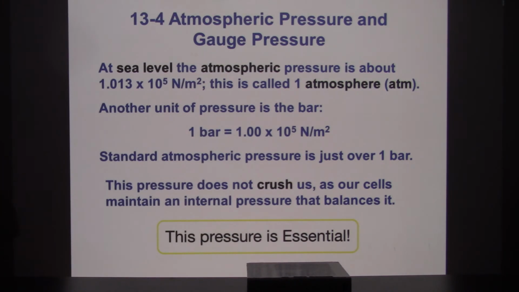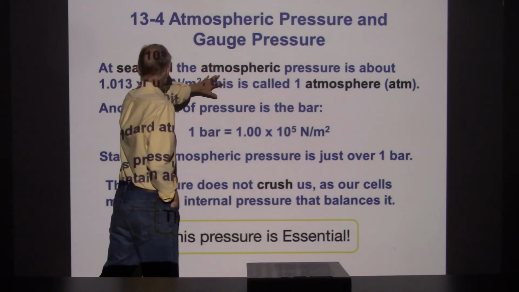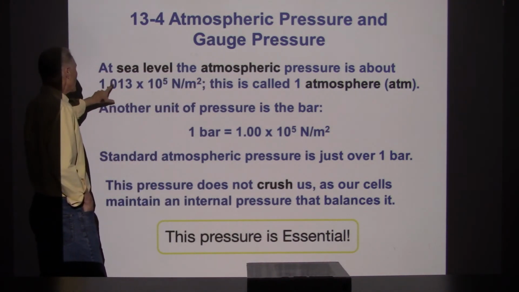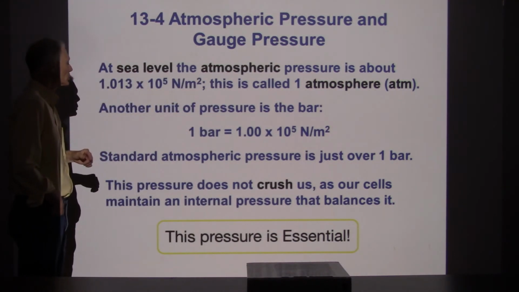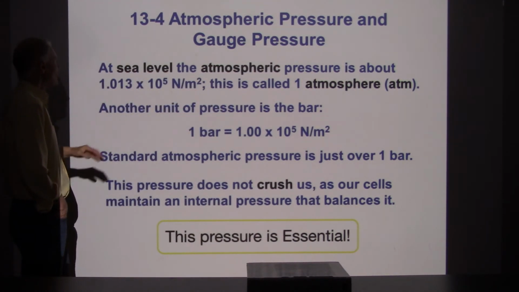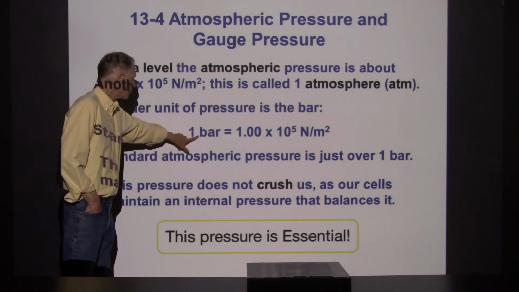All right, we talked about this a bit before. We talked about gauge pressure versus absolute pressure. Now, gauge pressures work this way. At sea level, atmospheric pressure is 101,300 pascals. This is referred to as 1 atmosphere of pressure. Another unit of pressure, now this one I have mixed feelings about, is the bar.